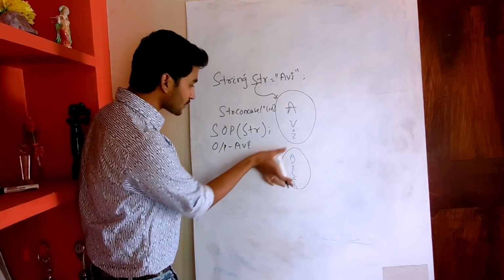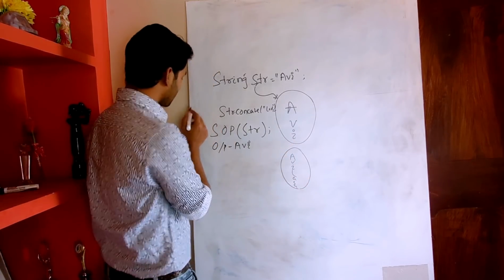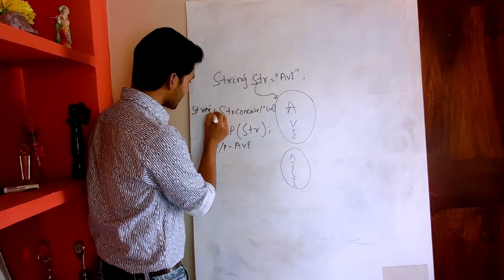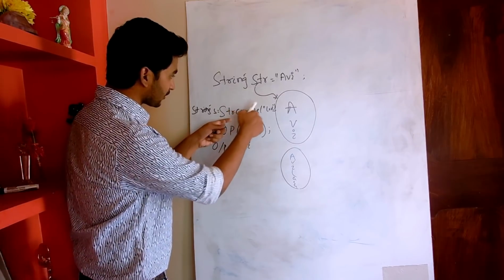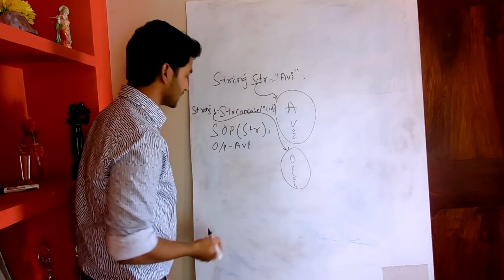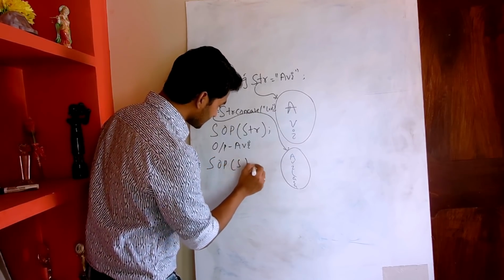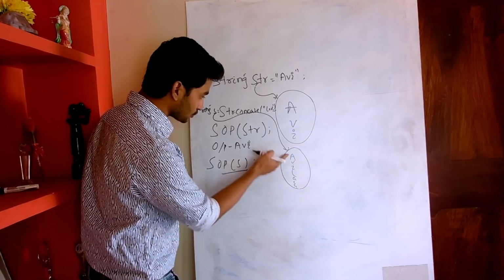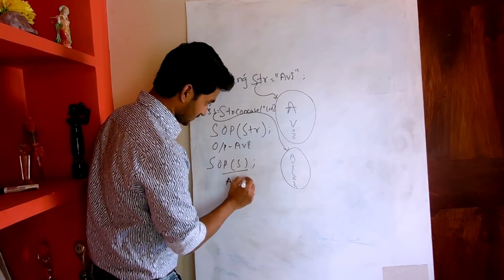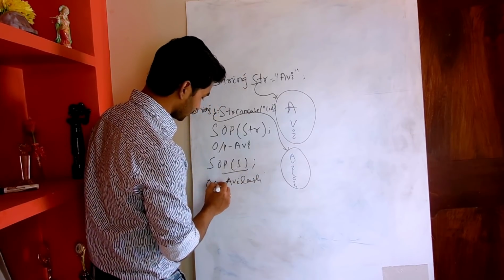If I want to see it, I can give it a reference: String s = str.concat("lash"). Now s refers to this new object, and if I print s, the output will be Abhilash.